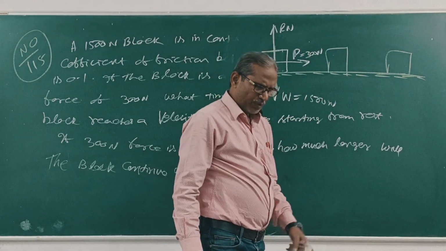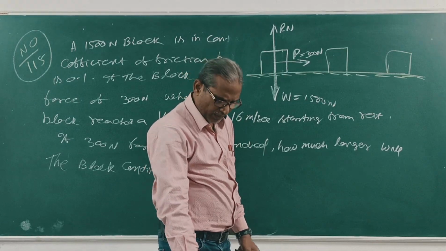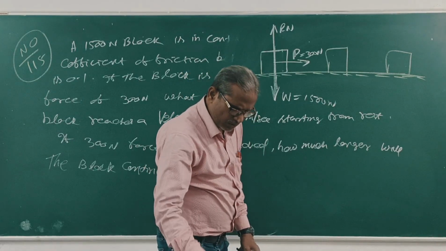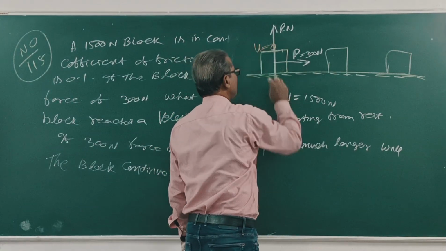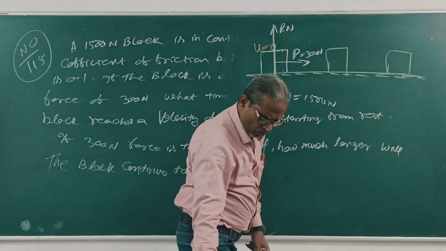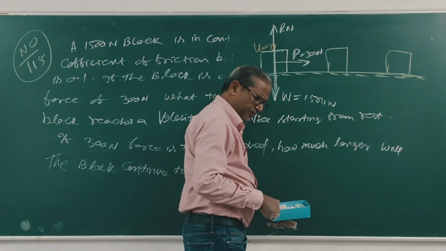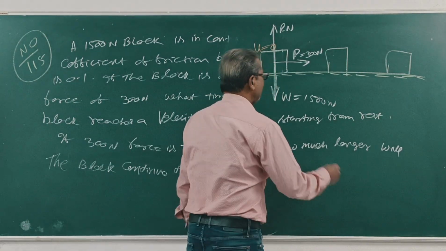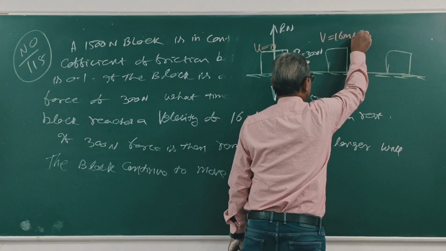The block starts from rest, u is 0. Rest means u is equal to 0. Right? At B, velocity v is equal to 60 meters per second.